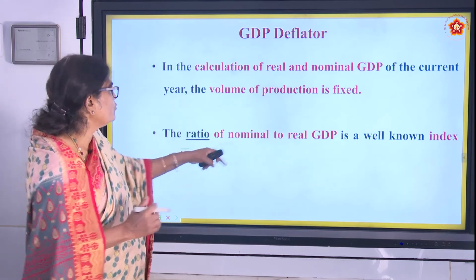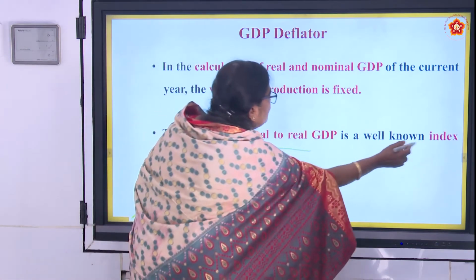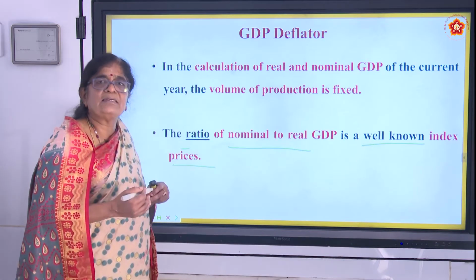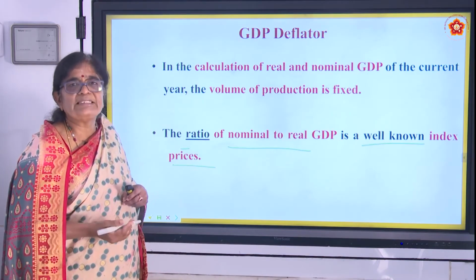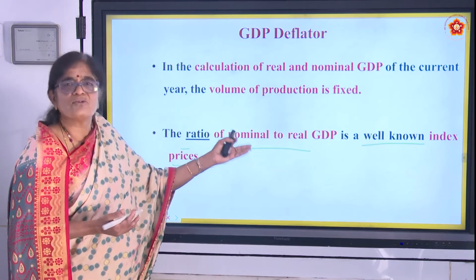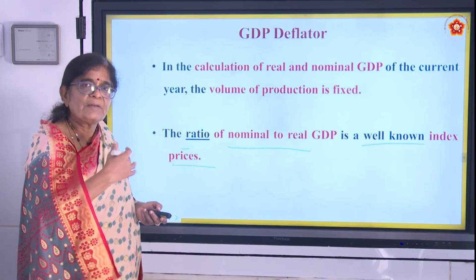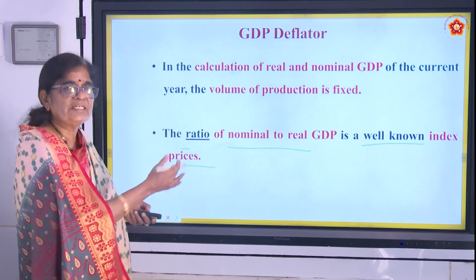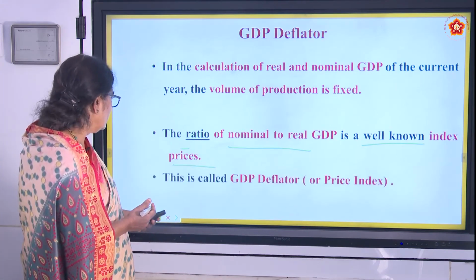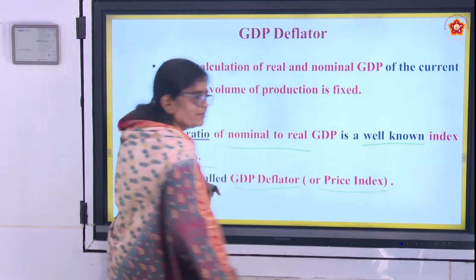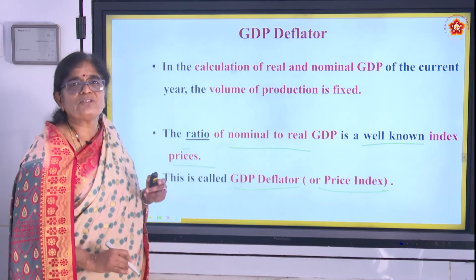Therefore, the ratio of nominal to real GDP is a well-known index of prices. You have studied in your first year the consumer price index, CPI. In the same way, this is also a price index. It represents the changes in prices between years. And this is called the GDP deflator or price index. Why do we say price index? Now you would have understood.